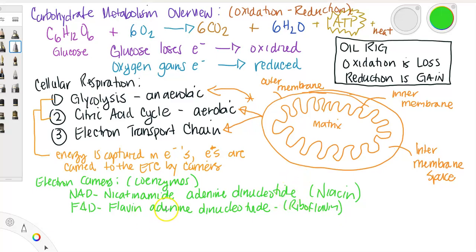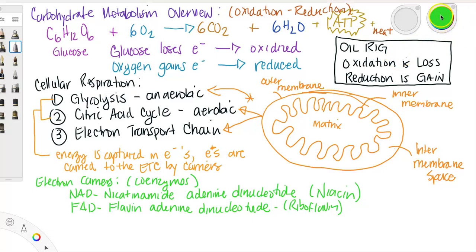Okay, so these carriers are responsible for accepting high energy electrons. And then they hold on to them and carry them to the electron transport chain. And there they are traded in or cashed in to synthesize ATP.